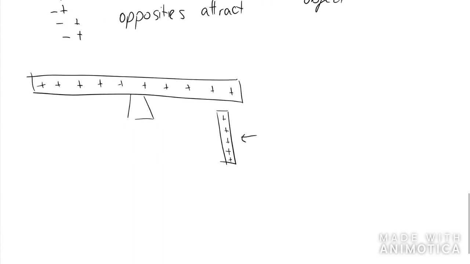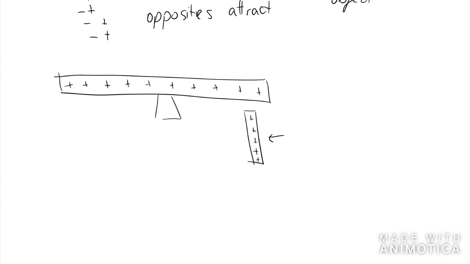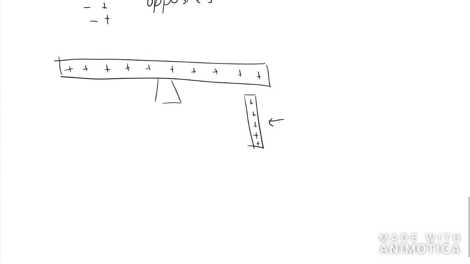If this is positively charged, then they'll all, or mostly, be down at this end because they're attracted to that positive charge. If this is negatively charged, most of my 10 electrons are going to be at the far end because they'll be repelled by this negative charge. So there's two questions like this.